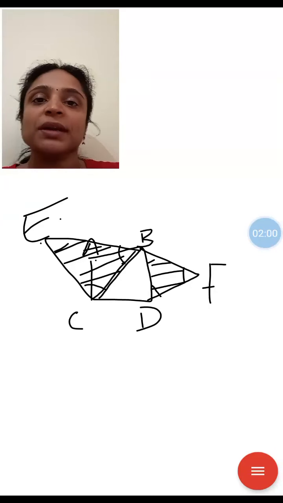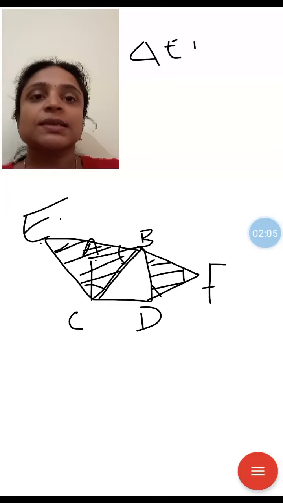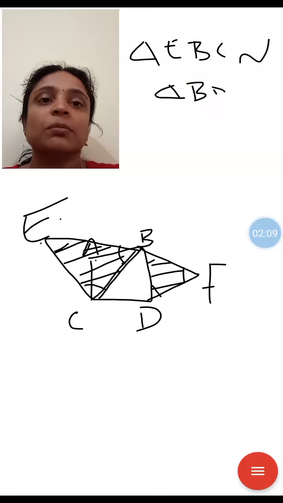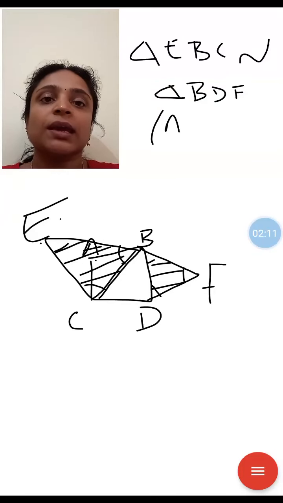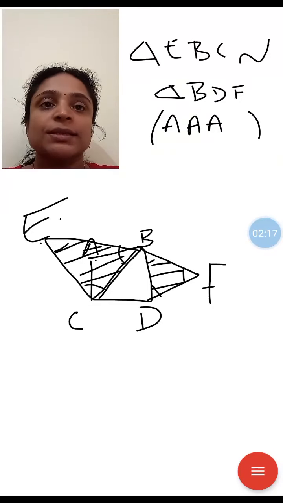So corresponding angles are equal, which means that triangle EBC is similar to triangle BDF by AAA similarity criteria.